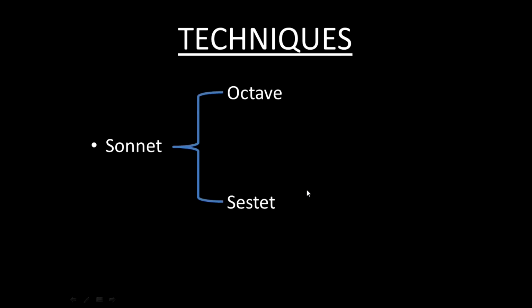So now let's move to the techniques that we can find in this poem. I told you the poem is a sonnet. So it has 14 lines and it is divided as octave and sestet.